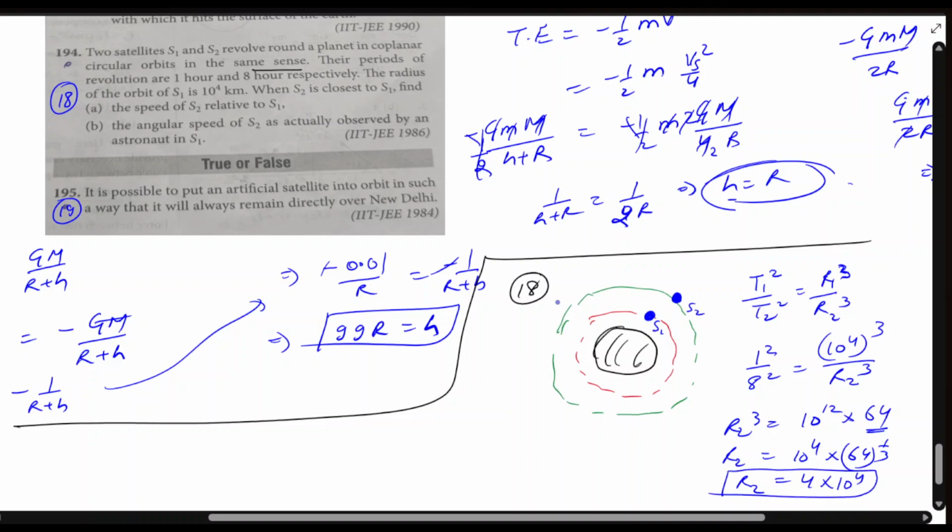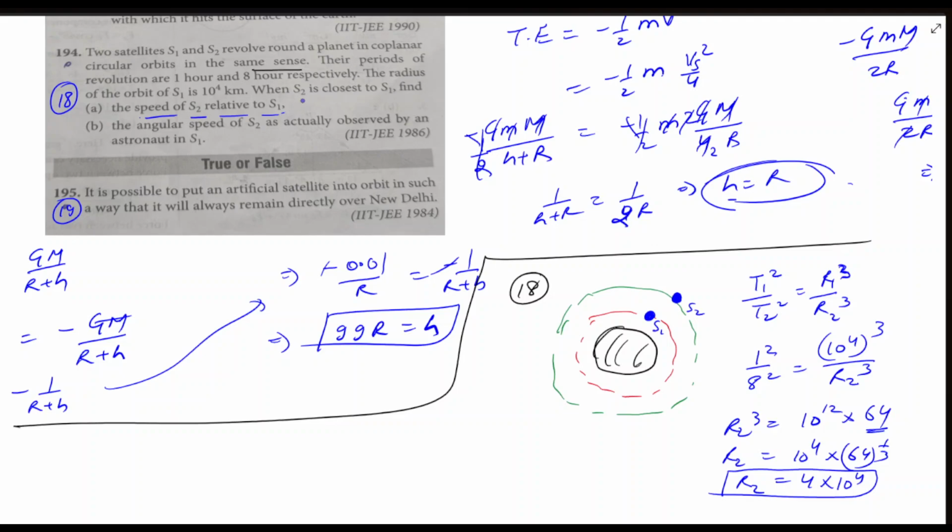What we have to find? We have to find the speed of S2 relative to S1 when S2 is closest to S1. So this will be the closest. Let's say this is moving with V2, this is V1. So velocity of 2 with respect to 1 will be V2 minus V1. We'll just subtract. So we have to find V2 first.